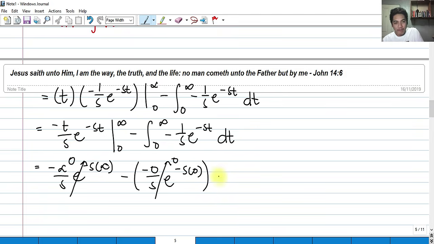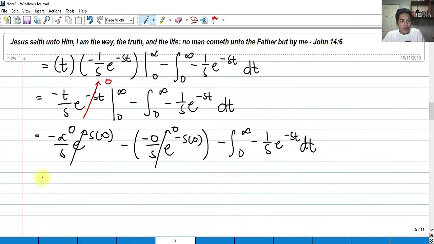Again, we have another minus because of this: the integral from 0 to infinity of negative 1 over s e raised to negative st dt. So simply, this term is equivalent only to 0. So our equation simplifies now to negative the integral from 0 to infinity of negative 1 over s e raised to negative st dt.